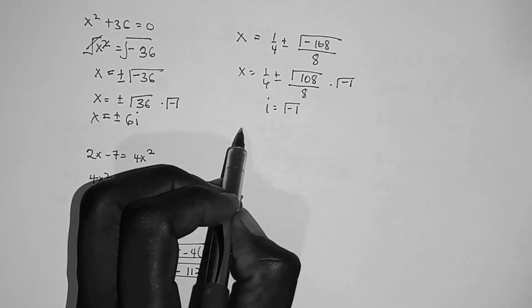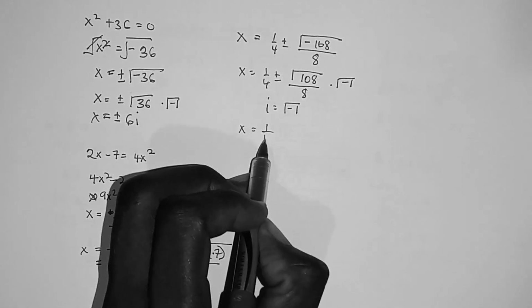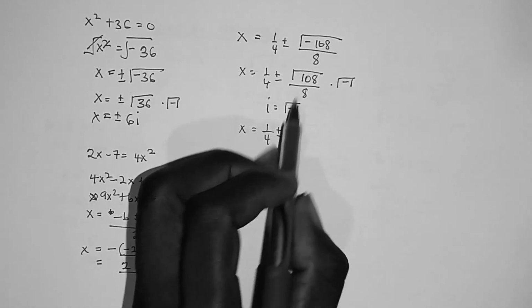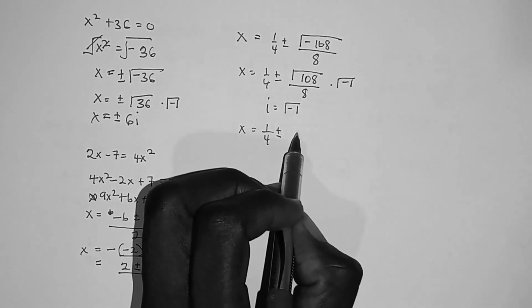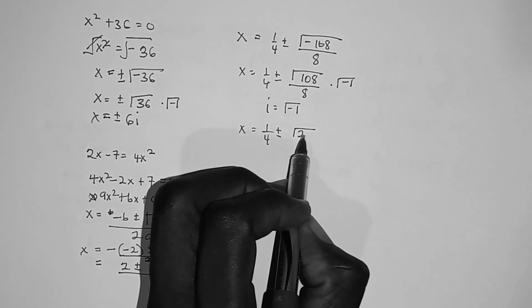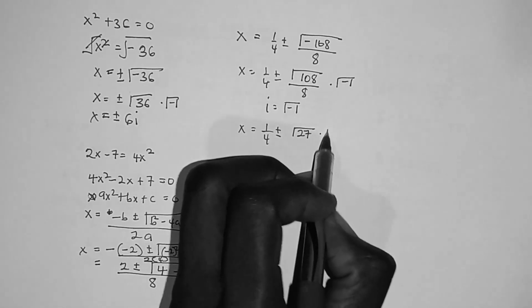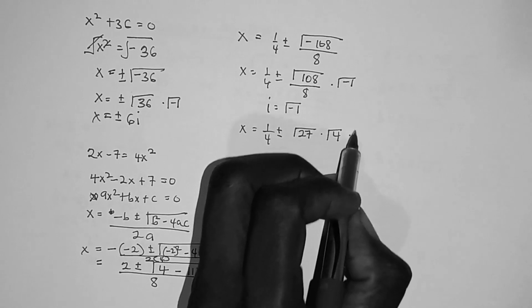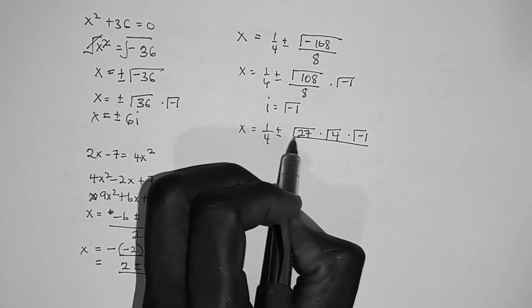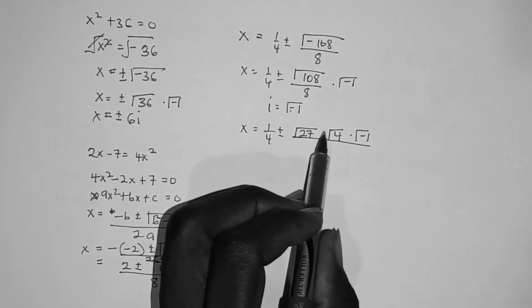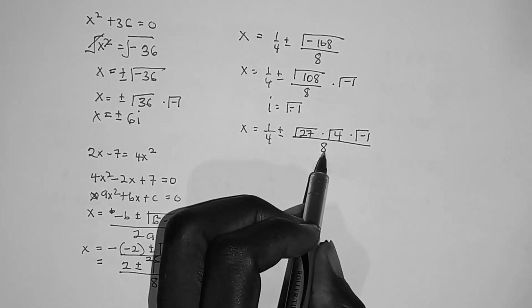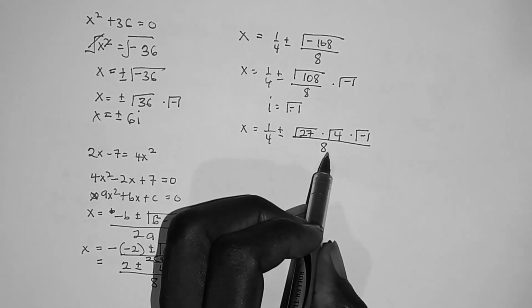And therefore, x is equal to 1 over 4 plus or minus square root of 108, which can be written as square root of 27 times square root of 4, and times square root of minus 1, divided by 8. So square root of 4 is 2. 2 divided by 8 is 1 over 4.